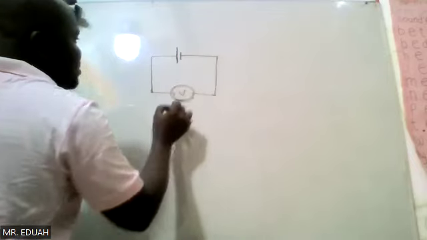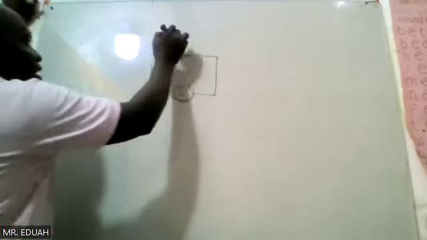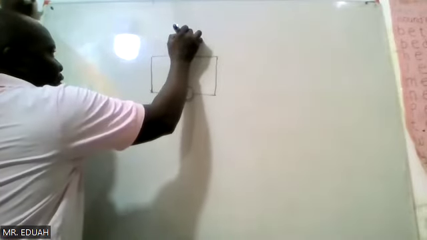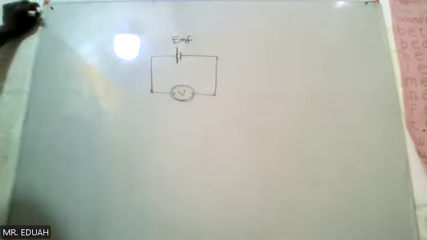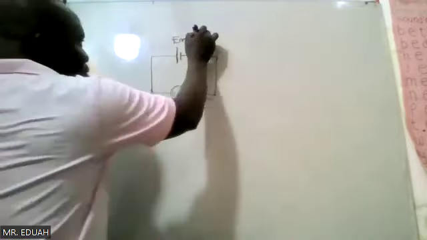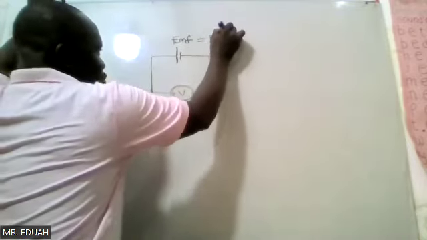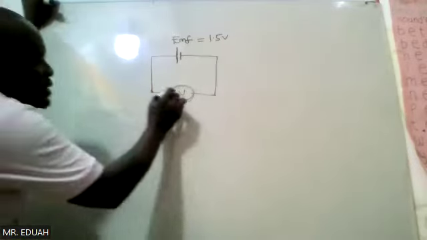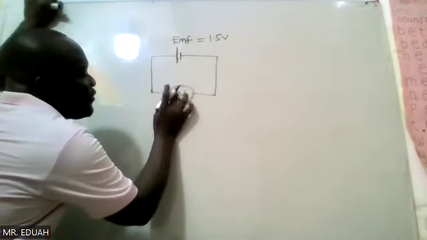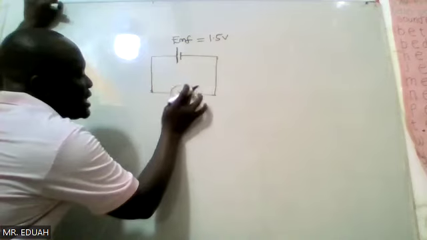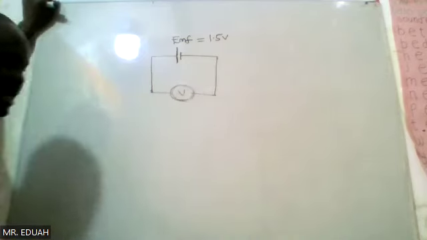The voltmeter will record the EMF of the battery. So if the battery has an EMF of 1.5 volts, you see 1.5 recorded on the voltmeter.